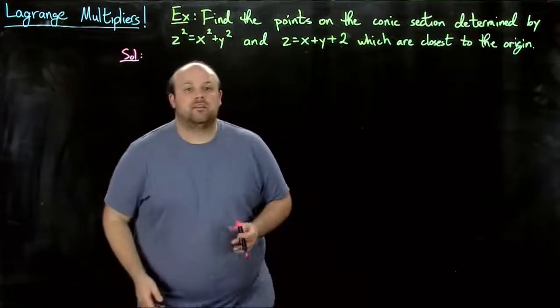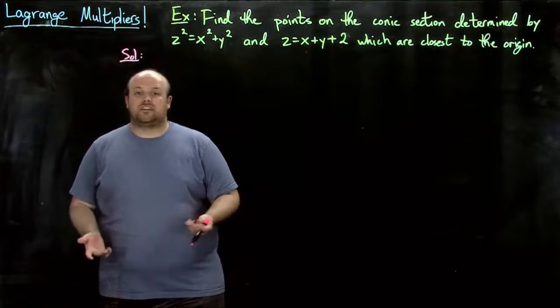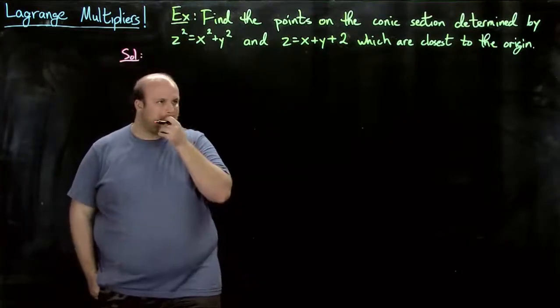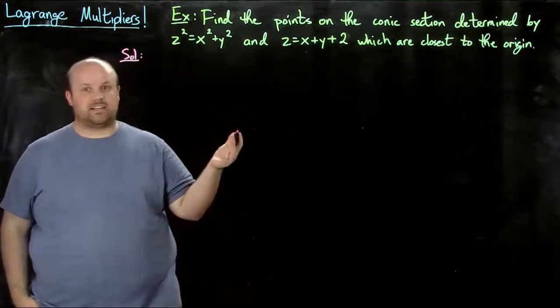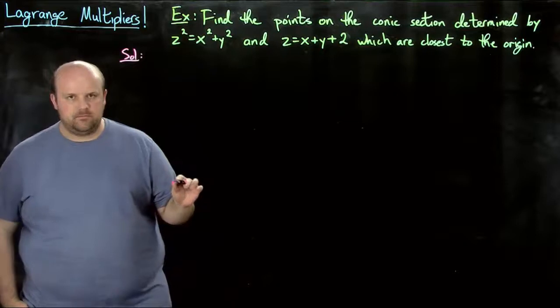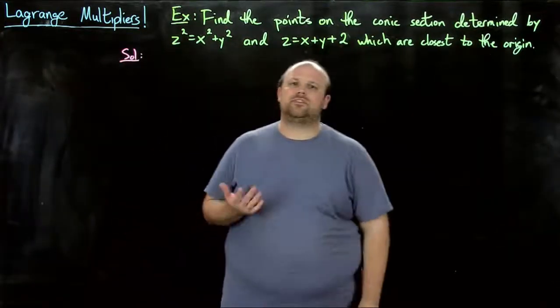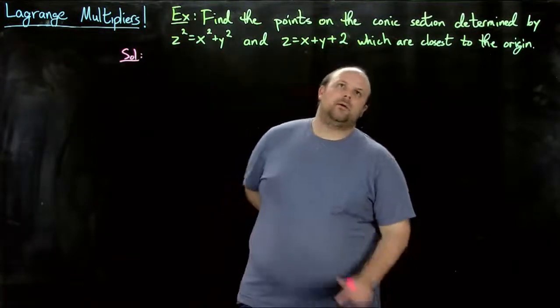Okay? So we actually don't really need to know which conic section that is. If you're curious, you can find out, but there's really no need. What we do need to know is the function we are trying to extremize, or minimize in this case.